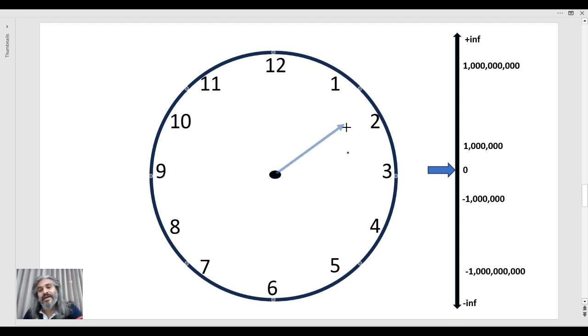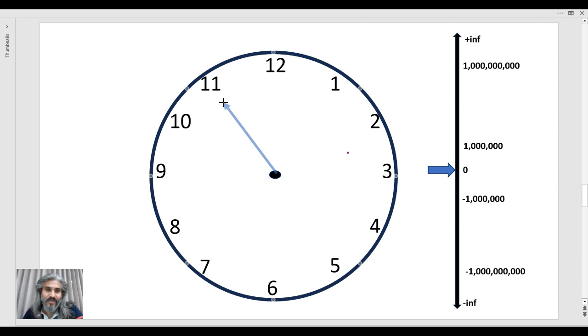So when we are adding, we are going clockwise. When we are subtracting, we are going anti-clockwise. This is how we are doing addition and subtraction in the clock. Now, since we have a wrapping around mechanism here, what would happen if I want to subtract 3 from 11?